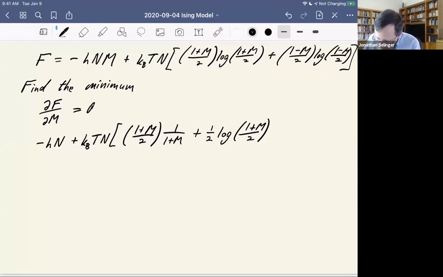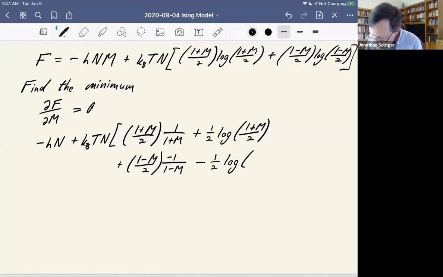So it's the first, whoops, 1 minus m over 2 times the derivative 1 over 1 minus m, minus, and then plus the derivative of the first, which is negative 1/2 times the second, log 1 minus m over 2, all like that, right?